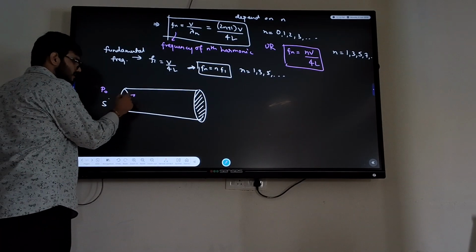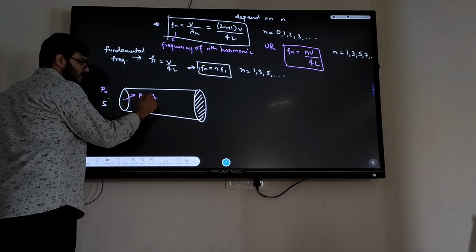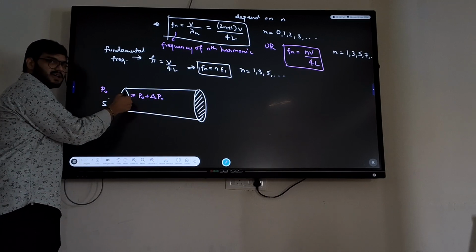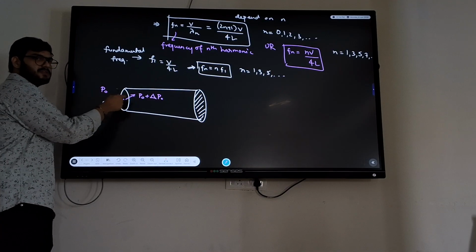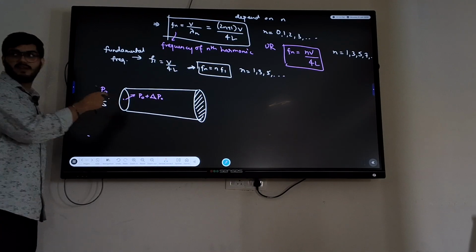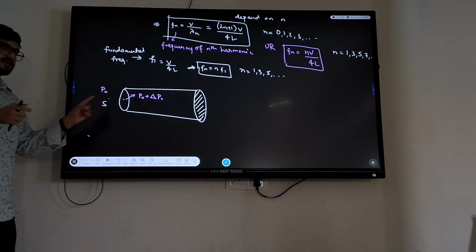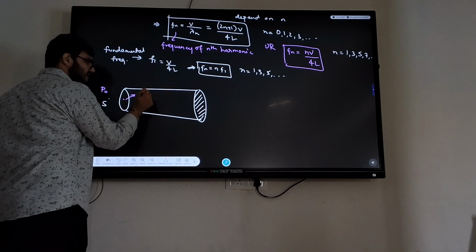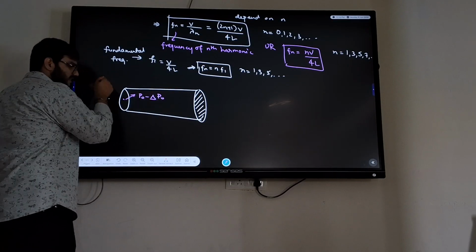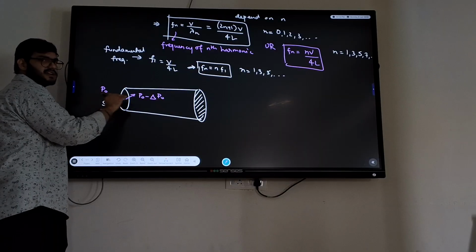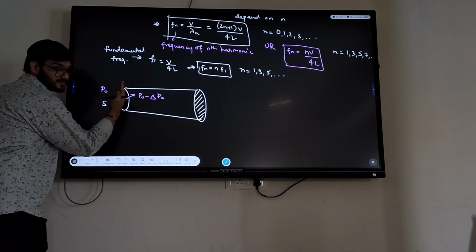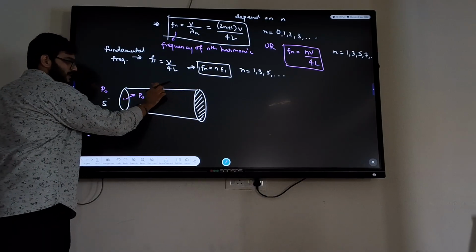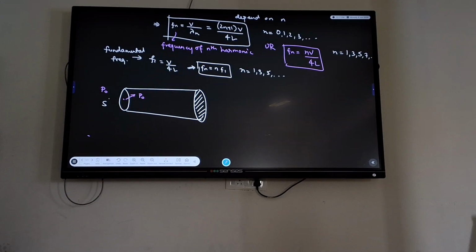Then air will rush outside, such that the pressure equilibrates. Yes or no? If your pressure is a little less than P naught, then the air will come inside, such that it will become in equilibrium on this boundary only, please understand. Yes or no? So what should the pressure be there? By continuity reasons, it should be P naught.